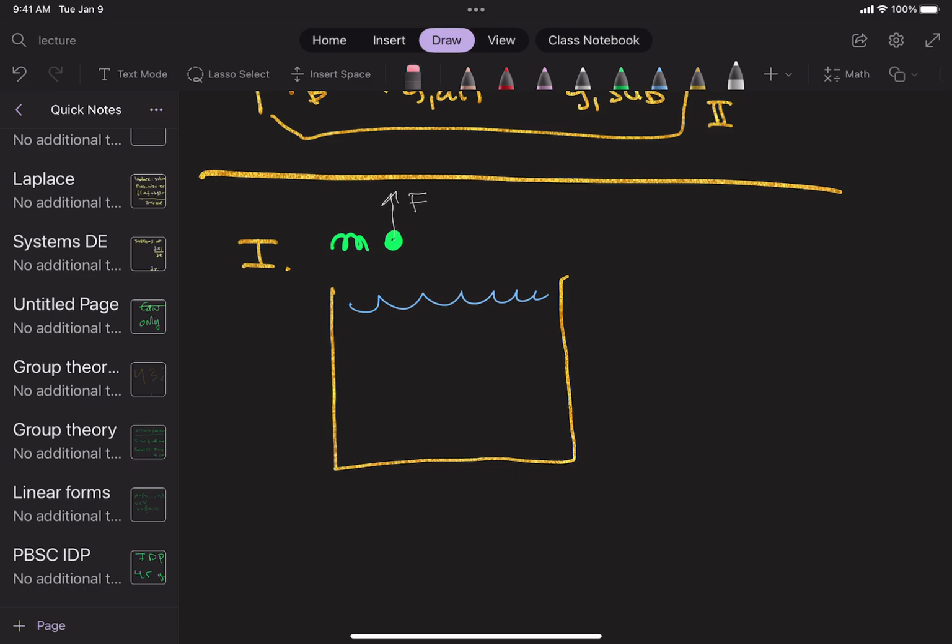So it's going to read the force while it's in air. And what you'll do is dunk the mass, which is going to be a bottle, into water. And again, you're going to read the force reading when it's submerged. And from there, you'll be able to calculate the buoyant force.